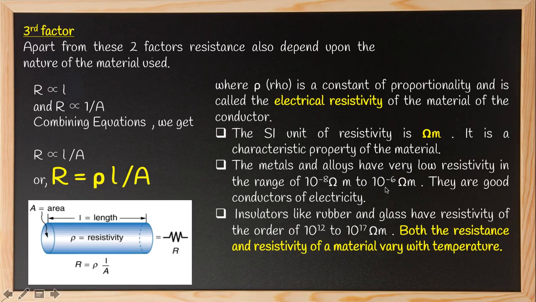So they are very good conductors of electricity. But insulators like rubber and glass have high resistivities, in the order of 10 to the power of 12 to 10 to the power of 17 ohm meters. And always remember that the resistance and resistivity of a material will vary with temperature.